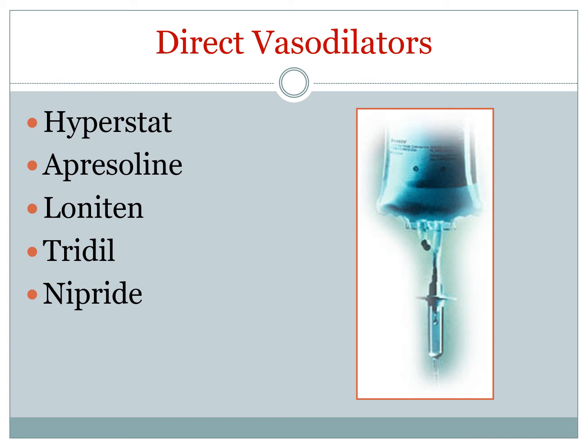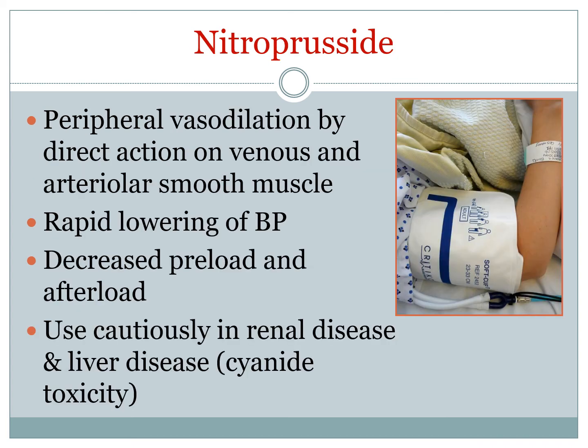By the way, the word Tridil here, that's another name for nitroglycerin. That would be IV, intravenous nitroglycerin. Okay, so nitroprusside, also called Nipride or sodium nitroprusside, it's all the same thing.